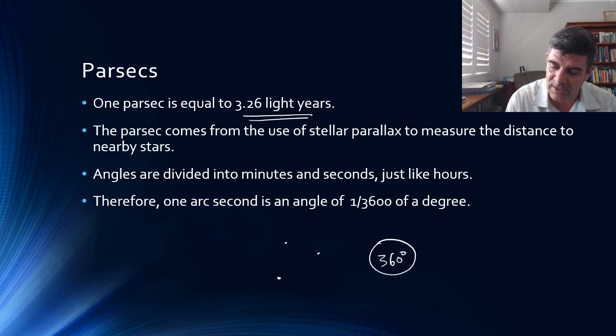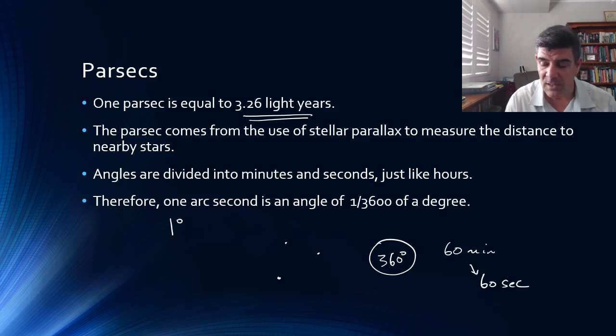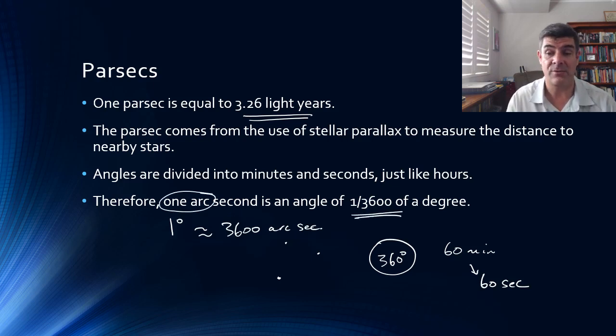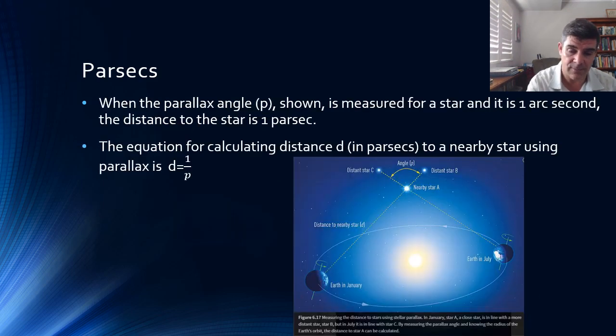Each degree can be separated into 60 minutes, and therefore each of those minutes further into 60 seconds. So therefore 1 degree is equivalent to 3,600 arc seconds. Or, as I've written it here, 1 arc second is then 1 over 3,600ths of a degree.